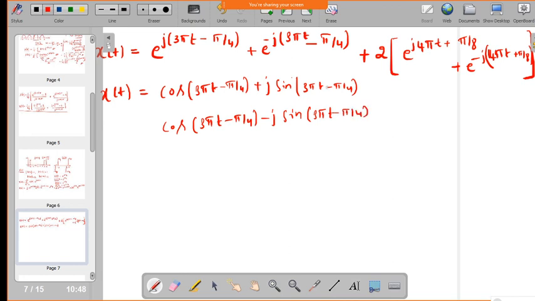Okay, so the sine terms cancel each other, and you will get 2 times cos of 3 pi t minus pi by 4, and similarly here you will get cos of 4 pi t plus pi by 8.